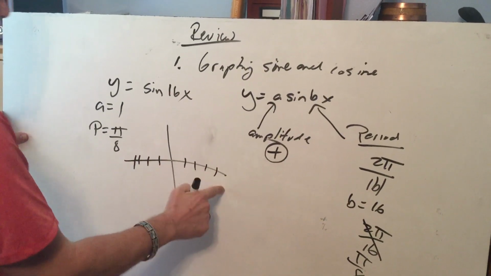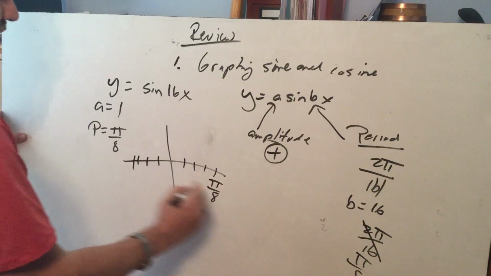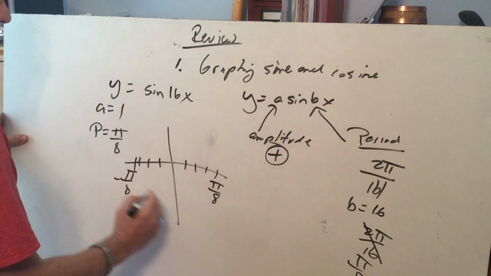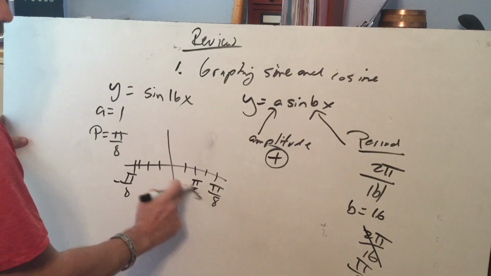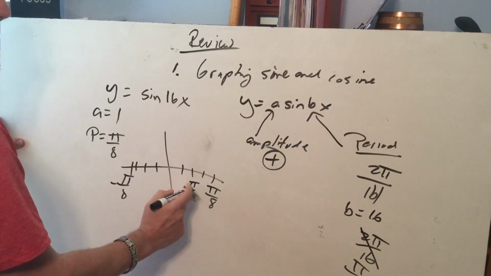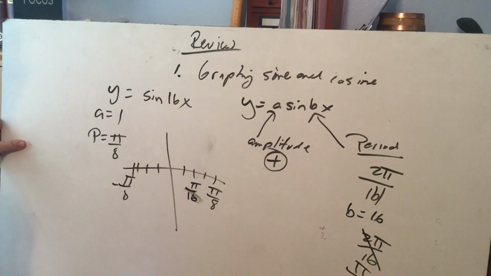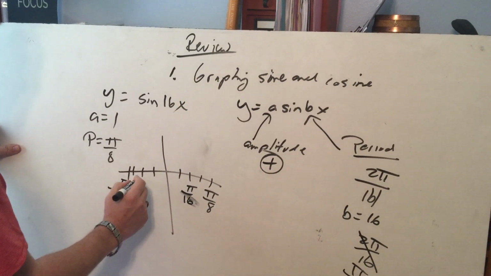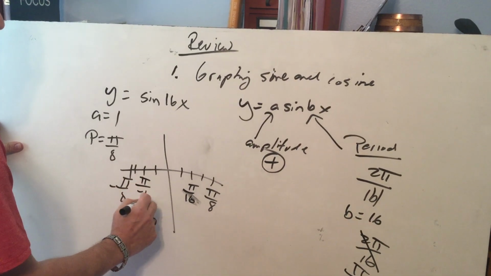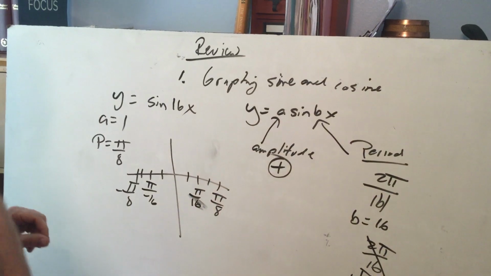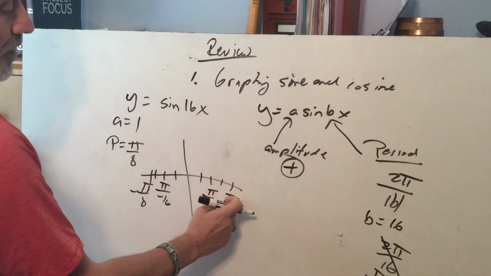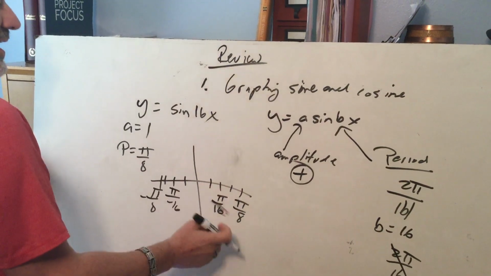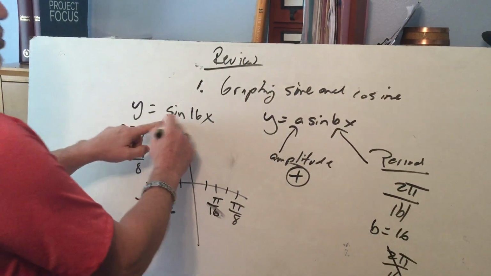You put pi over 8 over here, negative pi over 8 over here. In the middle, you put half. Oops, that's wrong, it gets smaller, my bad. Pi over 16, and that would be negative pi over 16. Just like if this was 2 pi, this would be pi. If that was 8 pi, that would be 4 pi. Got it? Once you got all those, you know sine and cosine.